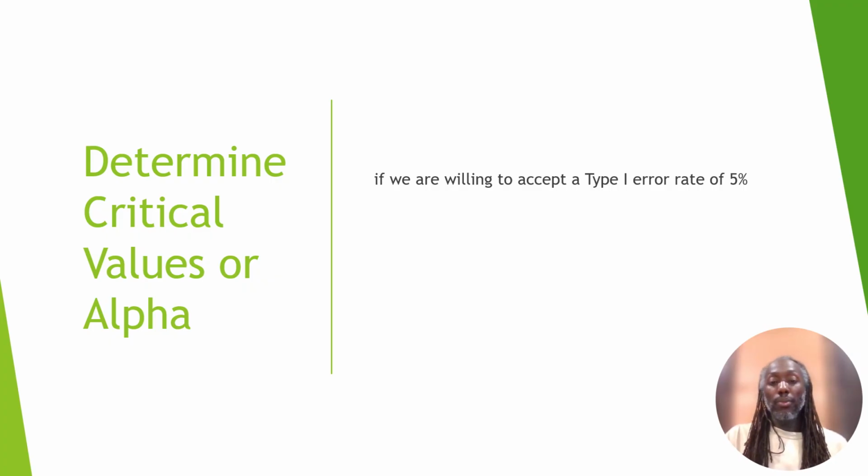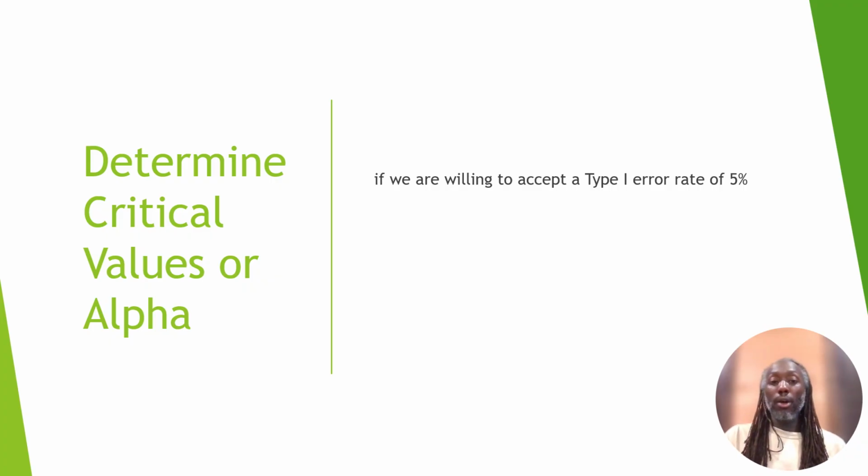In other words, in this case, I'm willing to accept that 5% of the time, if I did this analysis 100 times, at least 5 of those 100 times, I'm probably going to incorrectly accept my research hypothesis and reject my null hypothesis. That's what I'm willing to tolerate.